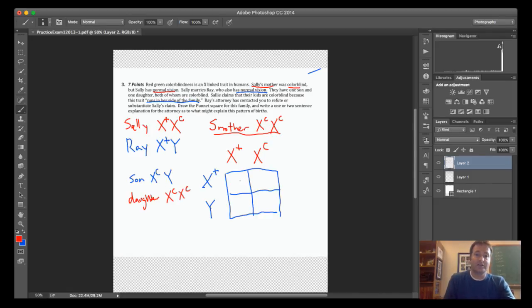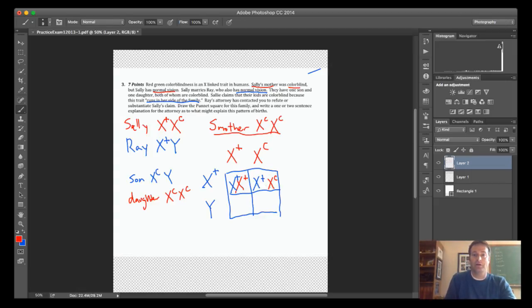So in this case, this putative daughter would get this X chromosome from Sally and this X chromosome from Ray. They would have normal vision. Here, we get an X chromosome from Ray and an X chromosome containing the colorblindness allele from Sally. Okay? Now, both of these daughters would have normal vision.